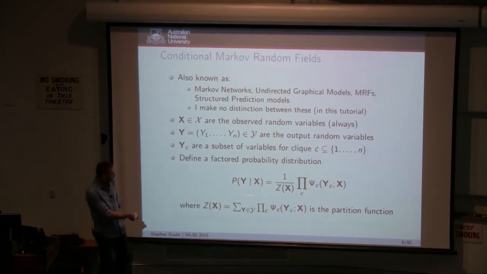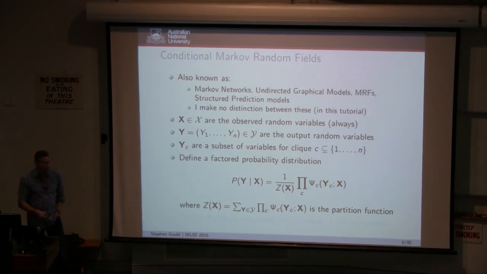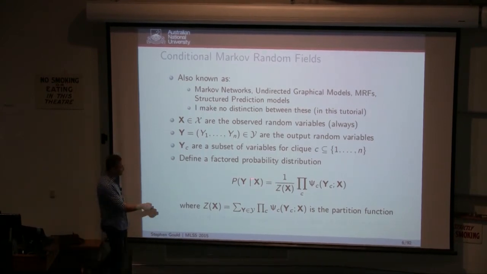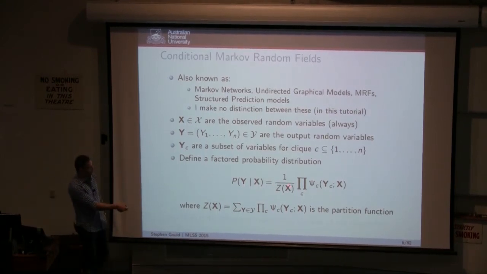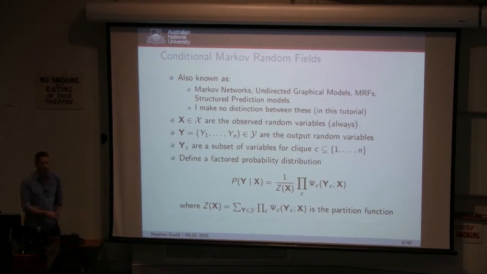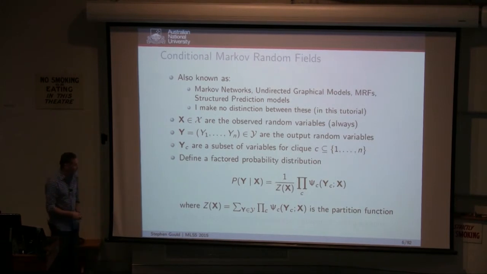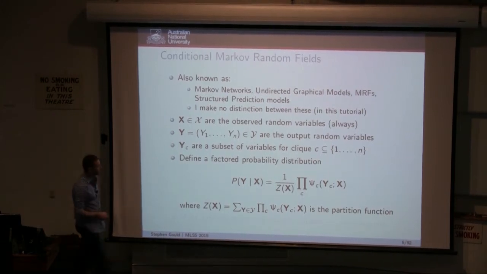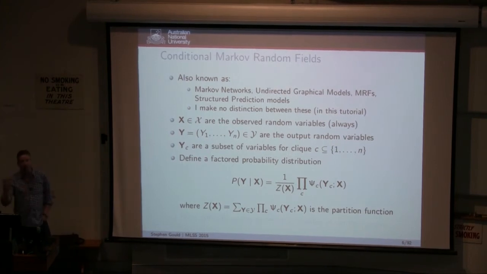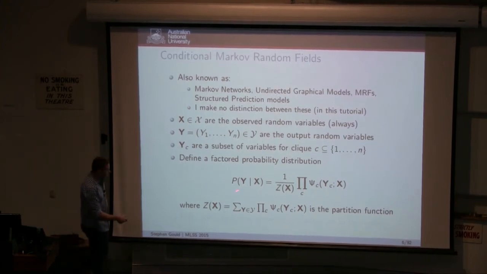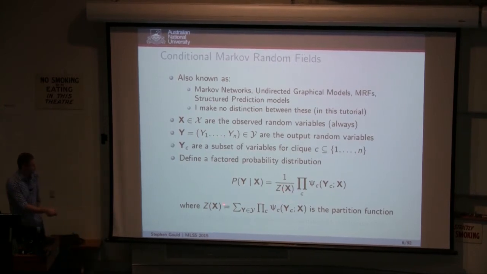Now, the main difficulty in all of these structured models is that to get a valid probability distribution, we have to normalize the probabilities for all of the possible assignments to the variables, so that when we integrate this probability over all possible outputs, we get 1. This normalization constant, which is called the partition function, in order to compute it, we have to sum over an exponential number of assignments.